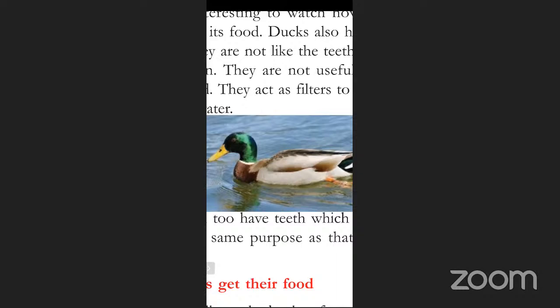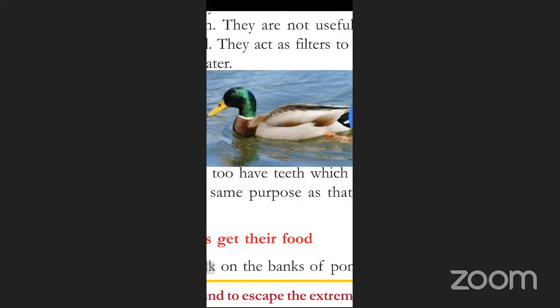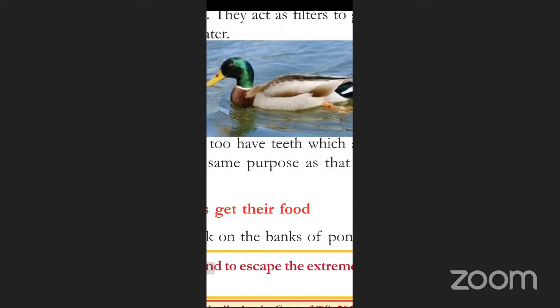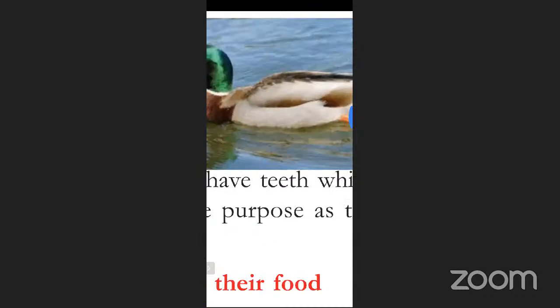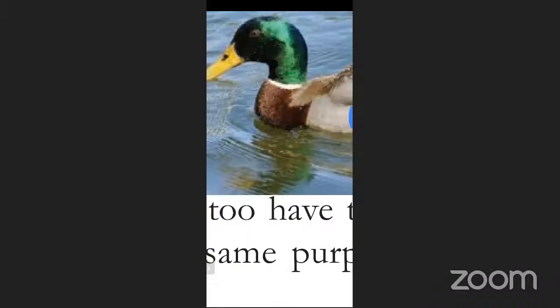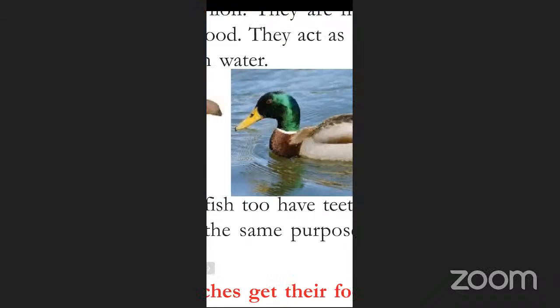They are not useful in grinding the food, children. They are just filters to get the food. The duck will wade in the water. So it will filter the water and it will catch the small fishes and eat.